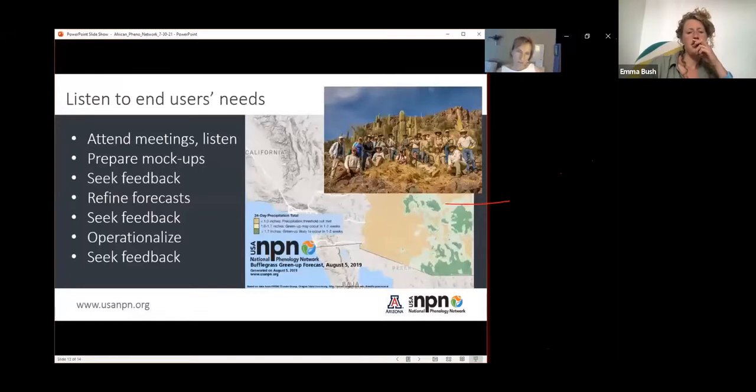The final thing that we've really learned is the importance of listening to users of these data and data products and going through an iterative process of trying to understand their needs, trying to identify if there is a particular information product or kind of packaging of phenology information that is of value to them, mocking it up, seeking their feedback, putting it into production, seeking their feedback, and continually touching back with end users to see if what we have created is actually of value.